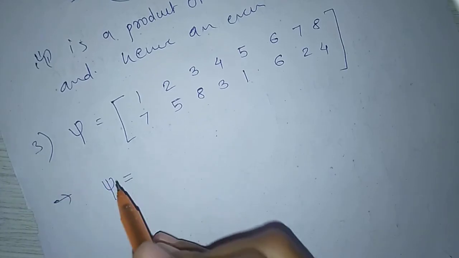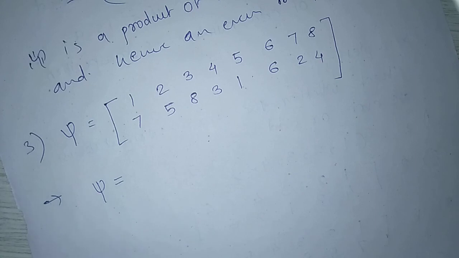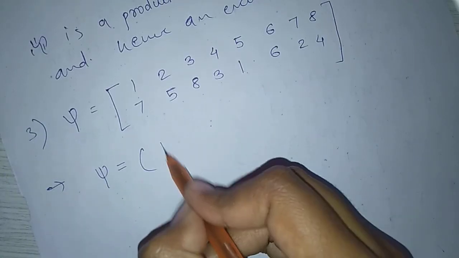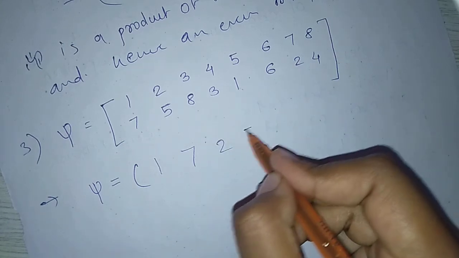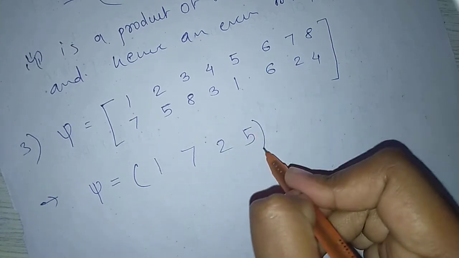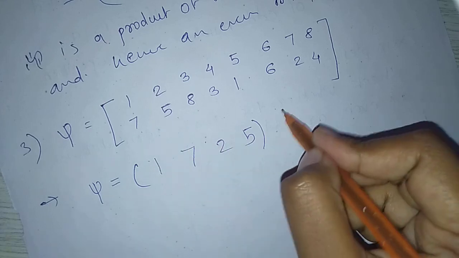First, write psi as a product of disjoint cycles. 1 goes to 7, 7 goes to 2, 2 goes to 5, 5 goes to 1, we stop here.